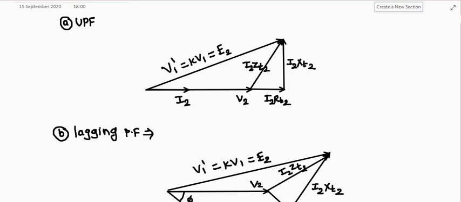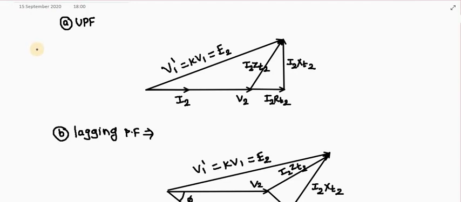So a transformer having less regulation and therefore more or less constant secondary terminal voltage is always considered a good transformer. So students, in this lecture I have explained the concept of the regulation of the transformer.